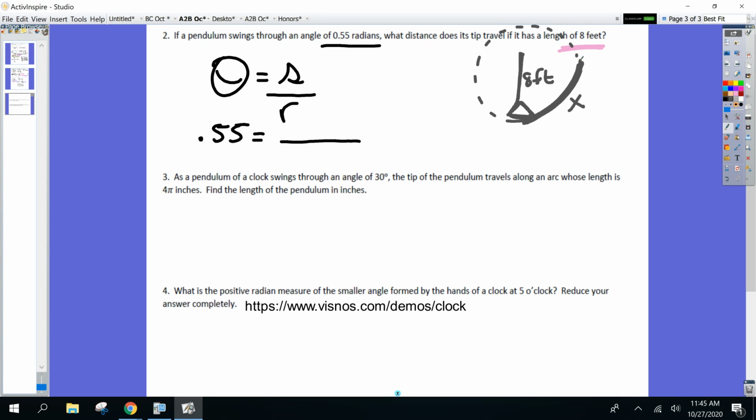Do you see the arc length here is what we're looking for? And 8 actually ends up being the radius, because we're looking for how far the tip travels. As it swings back and forth, it's making that arc. And then we're solving for S, the arc length. Tough one there, tough one.